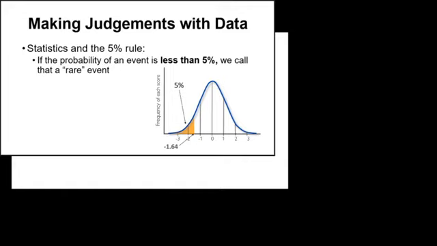So maybe we're looking at a coin toss. We're going to toss a coin 100 times, and we're going to get 95 heads and only 5 tails. That's a pretty big deviation from what we would expect. Our expected value right in the middle should be 50-50.